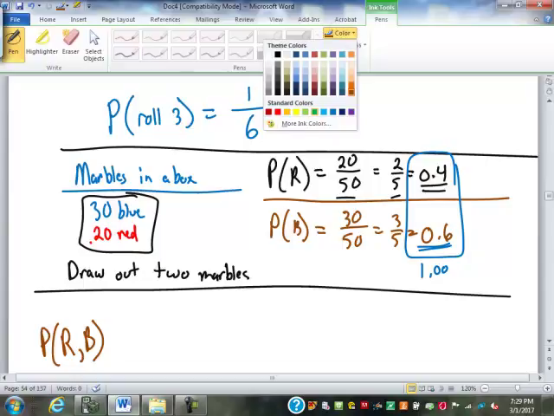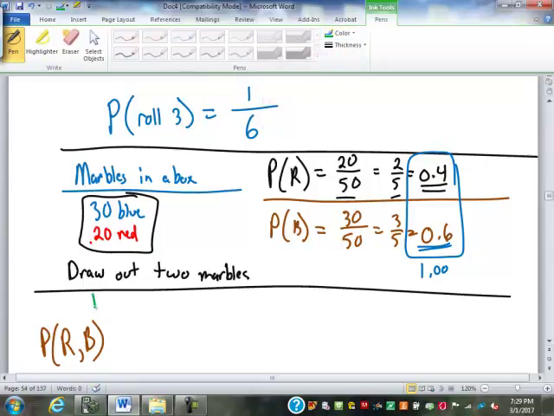What do I mean we don't have enough information? Well, I have to ask the question, do we put the first one back before drawing the second?